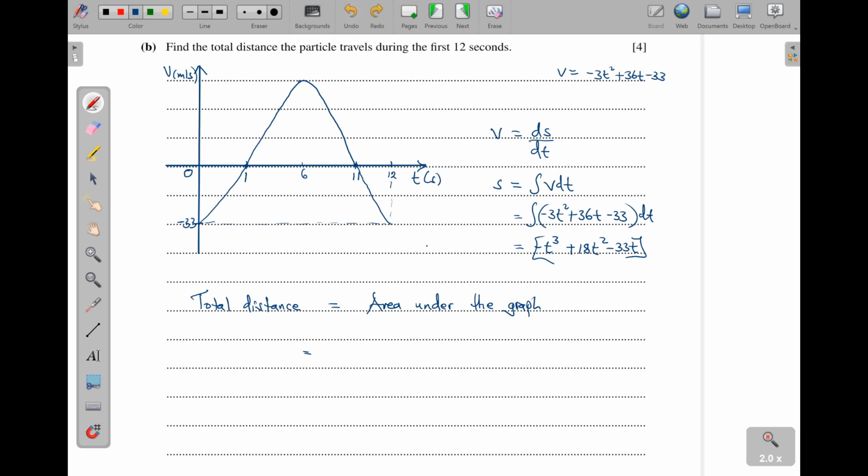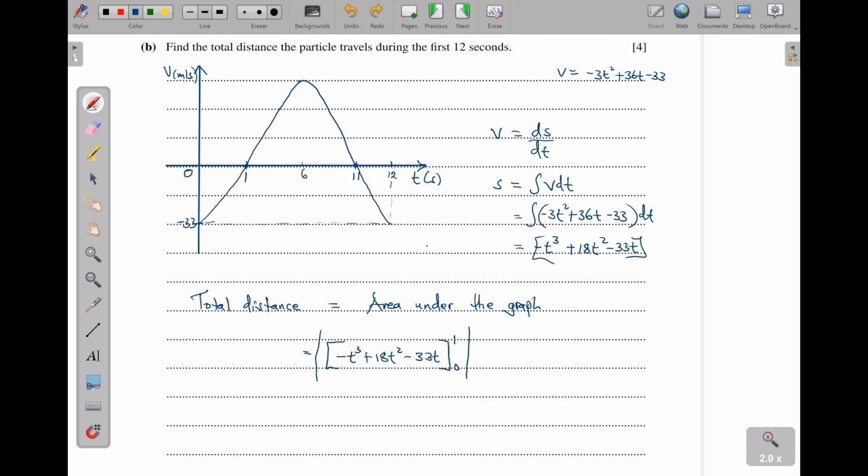Already I've integrated, so to save time I'm just going to put this expression, negative t cubed plus 18t squared minus 33t, then the limits are 1 and 0. Then this one has to be put in the modulus signs because it is below the t-axis.